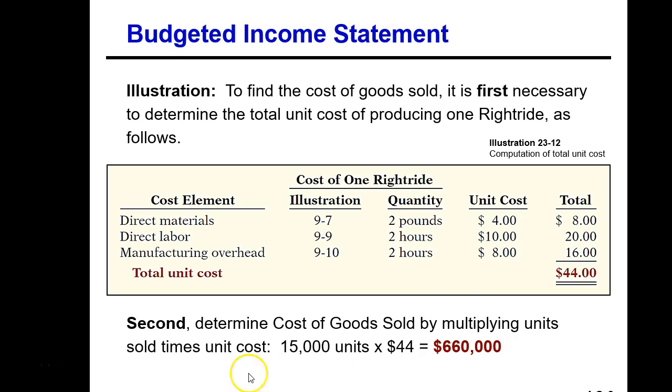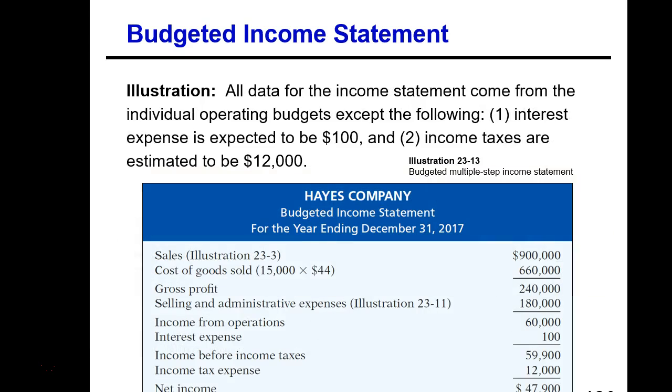We anticipate selling 15,000 units. Therefore, our cost of goods sold would equal $660,000.